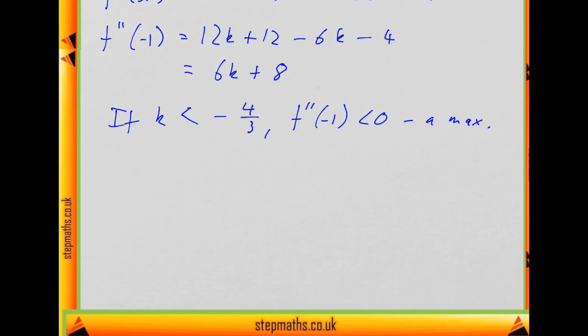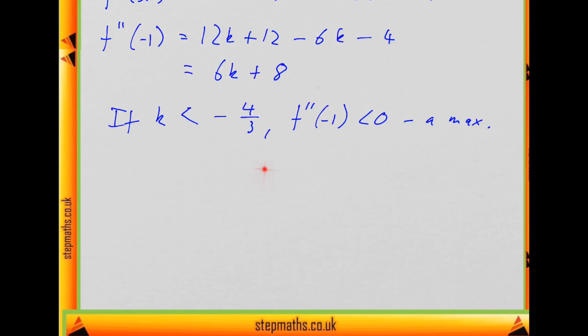So there's a couple of ways to do this. One way is to go back to the first derivative, f dash, plug in k equals minus 4/3, and you know now that x plus 1 is a factor, so you can factorize it and see what the derivative looks like. And if there's a point of inflection, that means the derivative is going to 0 and then turning around again.